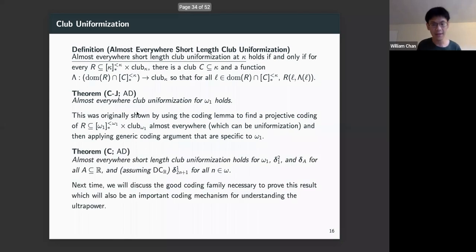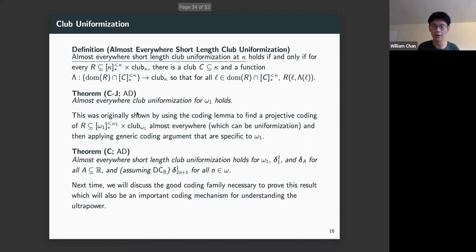But later I showed that this club uniformization principle does hold at the familiar strong partition cardinals of AD. They hold at omega 1, the projective ordinals, delta 2,1, and the stable ordinals. Next time I'll say a little bit more about how you prove this, but the method that we use to prove this is important for the ultrapower question.